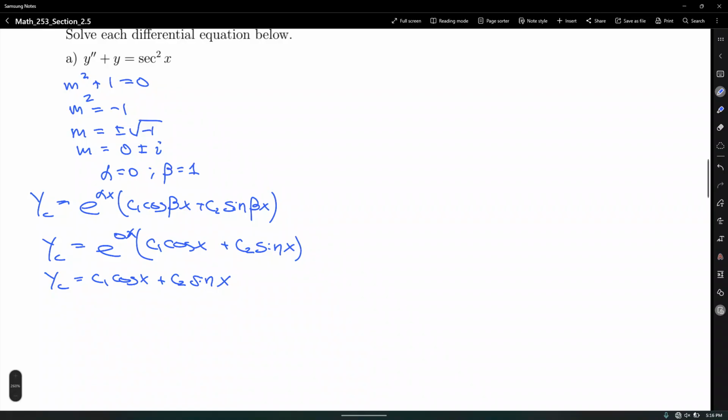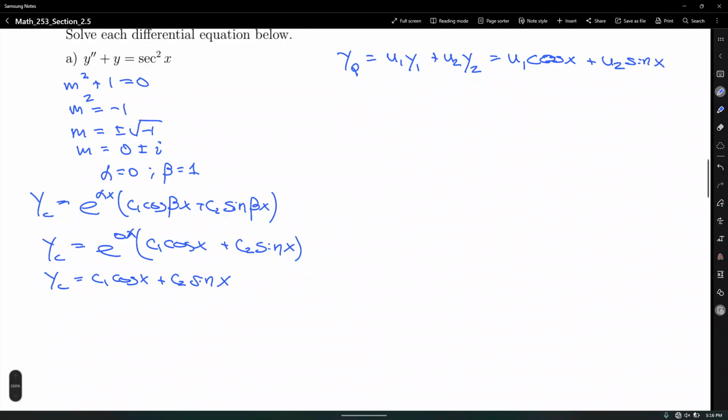All right, so our particular solution y sub p will be of the form u1 y1 plus u2 y2, which in this case is u1, which we don't know yet, times y1, which we already know, that's cosine x, plus u2 sine x.